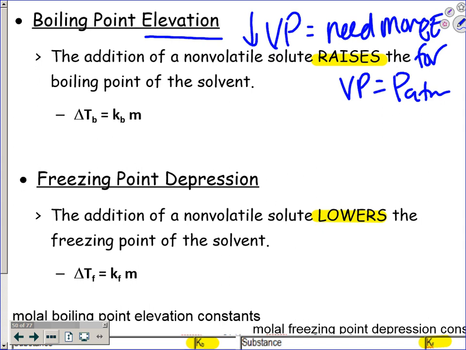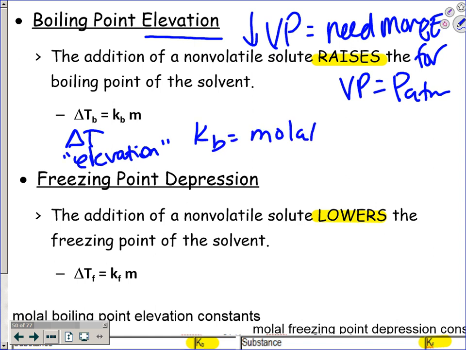So what you need to know is that delta T is the actual elevation difference, the change in the temperature at which you're boiling. Kb is the molal boiling point constant. Molal sounds like it's referring to molality, hence why we see the little m here.